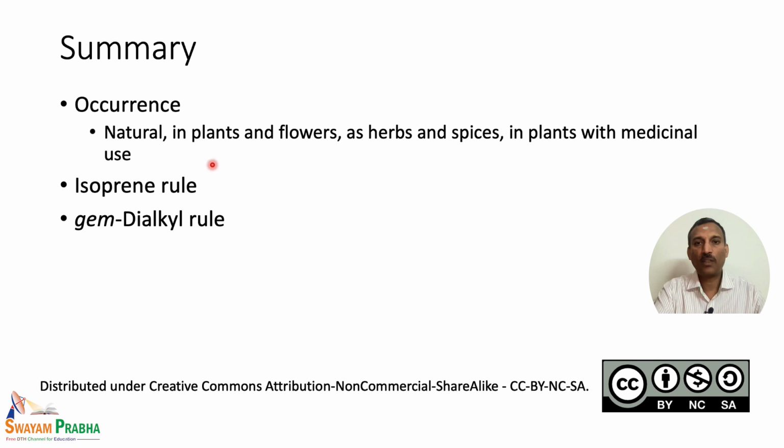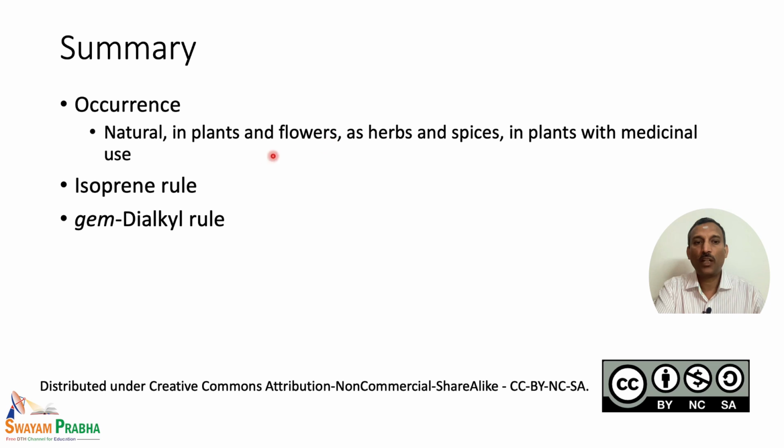Let us recap in the summary what we have studied so far. We have studied the occurrence of various terpenes in nature. We have seen the different spices, herbs and other things where terpenes are present. We have also looked at various plants and flowers, which contain terpenes in different forms, and the terpenes present in medicinally useful plants.